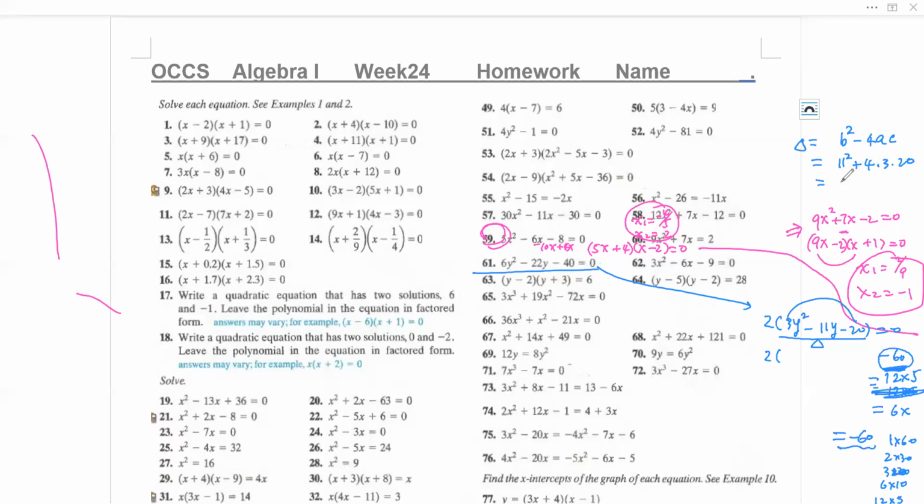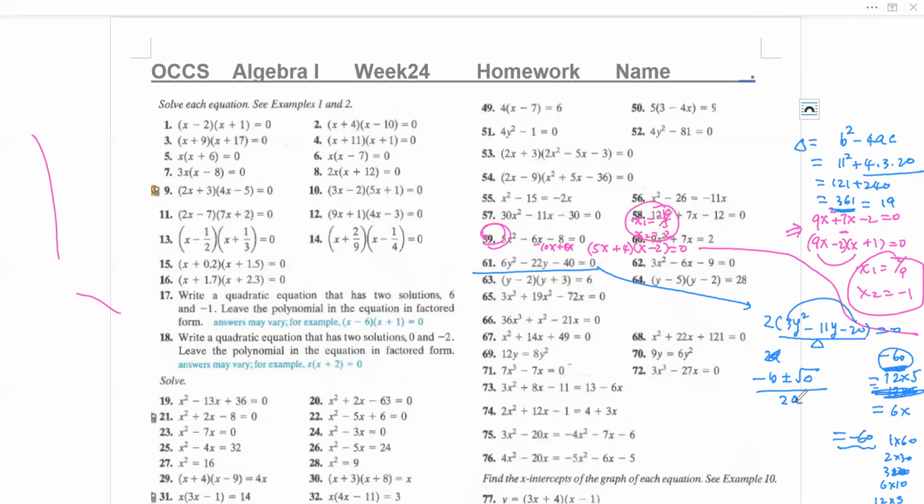So you get 121 plus here is 240. So you get 361. What squared is 361? It's 19, right? So the solution is negative b plus or minus the square root over 2a.